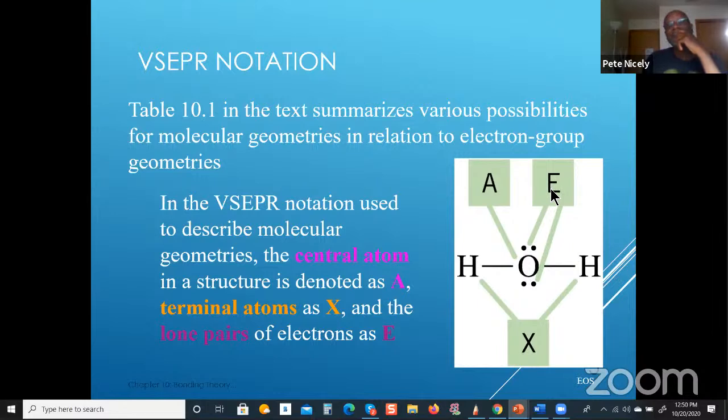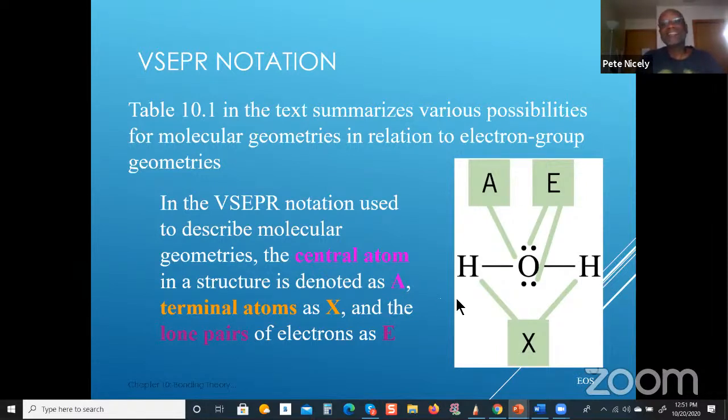The E designates the lone pairs of electrons, while the X's designate the atoms that are bonded to the central atom, all right? So A is the central atom, E the lone pairs of electrons, and X would represent the hydrogen atoms, all right? That's the VSEPR notation that we're using in our notes here in this PowerPoint presentation.